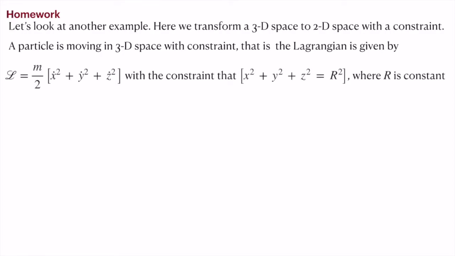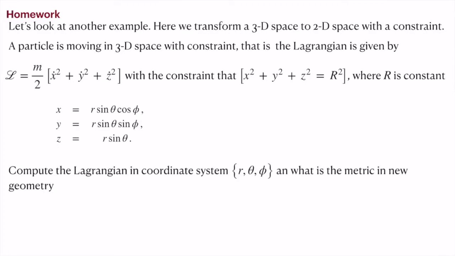So the example here is that we have a Lagrangian in 3 dimensions, L is equal to m by 2 times (x dot square plus y dot square plus z dot square), and the constraint is that the motion is always such that x square plus y square plus z square is equal to r square, where r is constant. You might already be familiar with what happens here. All you have to do is transform from the Cartesian coordinate system to the polar coordinate system with this constraint and get the effective Lagrangian of the system in 2 dimensions.